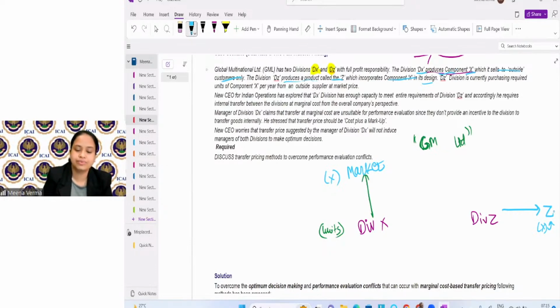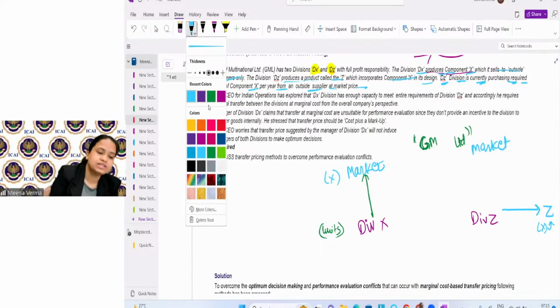What else? Read it. Division DZ is currently purchasing the required units of component X per year from an outside supplier at market price. So what is happening? How is Z receiving the goods? X is required there.